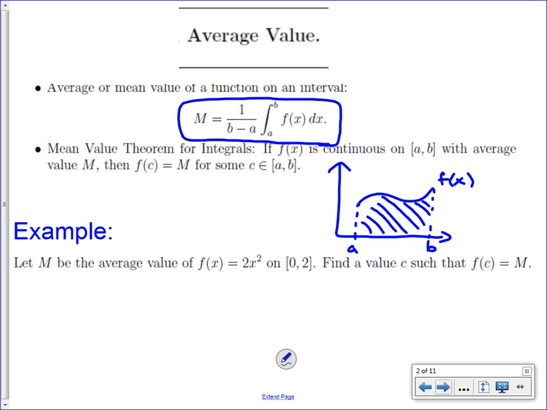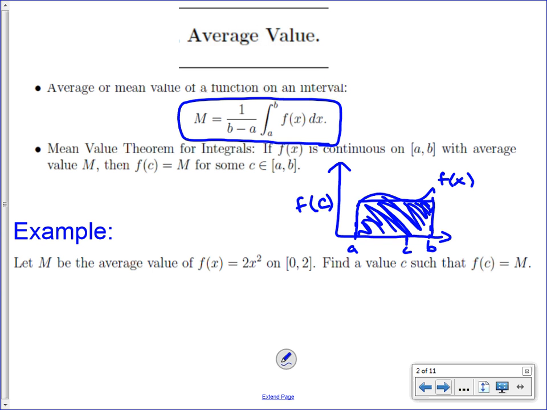So all we're saying is somewhere between a and b, there is a value f of c, let's say that c is right here maybe, where the area of this rectangle is going to equal the area under the curve. Okay.